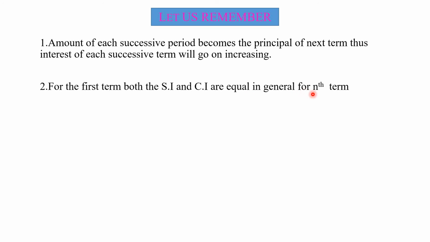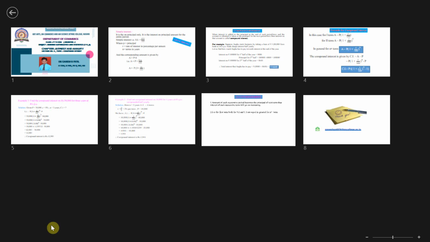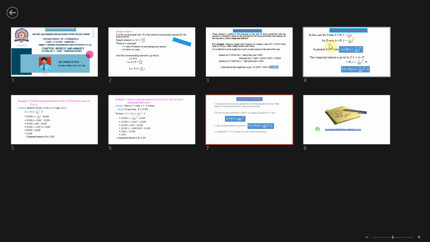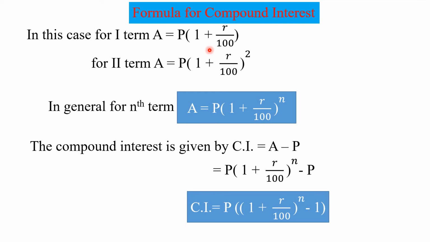In general, for the nth term, we have to see that in slide number 4, A is equal to P into 1 plus R divided by 100. In the first term, compound interest and simple interest are the same, but for the second, third, fourth terms, the formula changes.